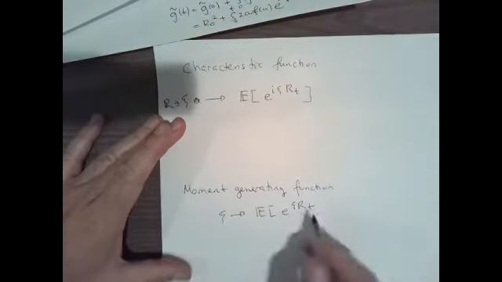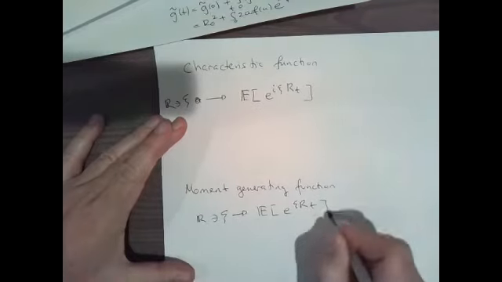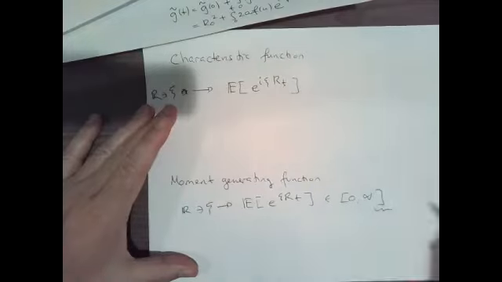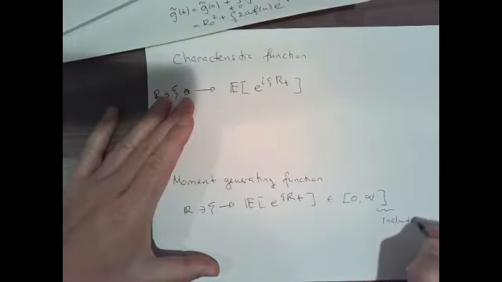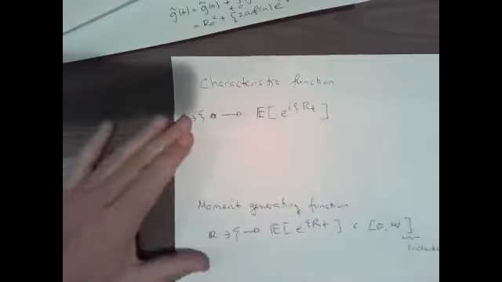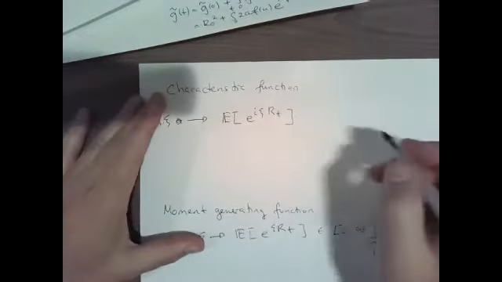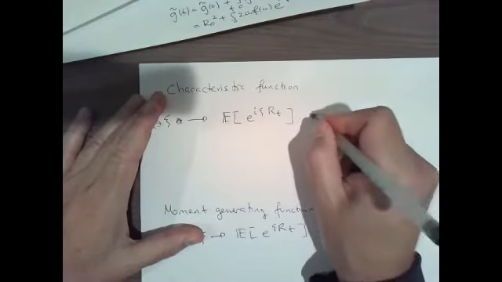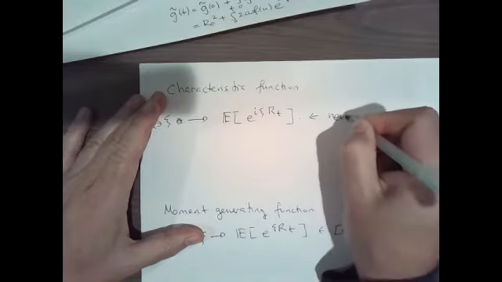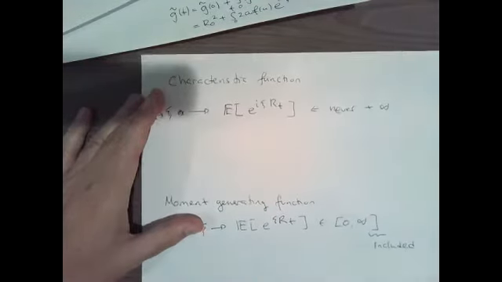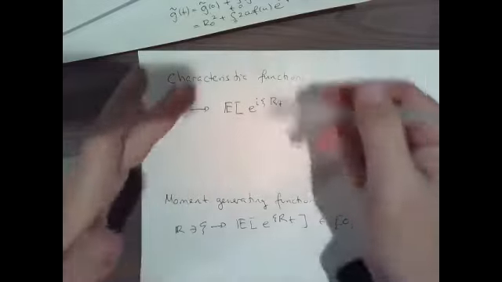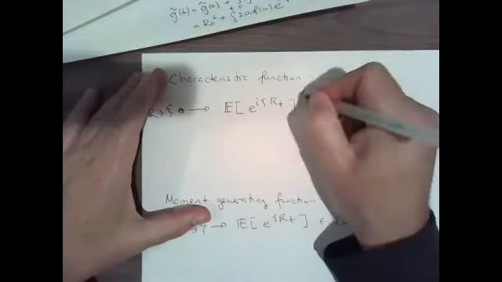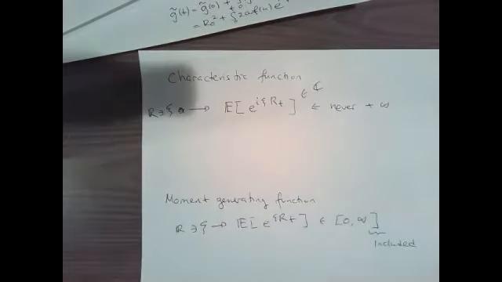This is your psi that's being mapped into this expectation. But the problem is that this thing here is a number between 0 and infinity. And in this case, this is included. Whereas when you do this thing up here, this is a number. This is never plus infinity. Because when you take absolute value, you're going to get something that is bounded by 1. But it's a complex number, right? This thing here is something that is valued in the complex plane.